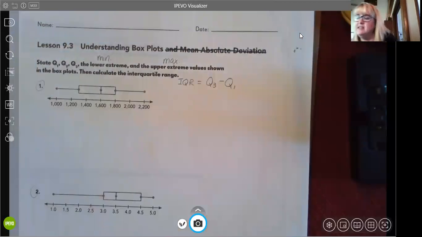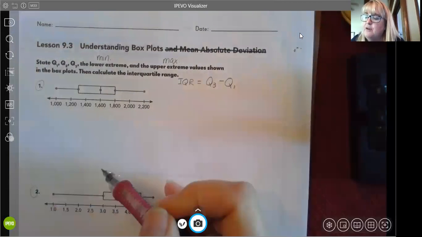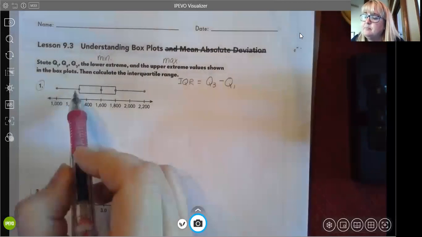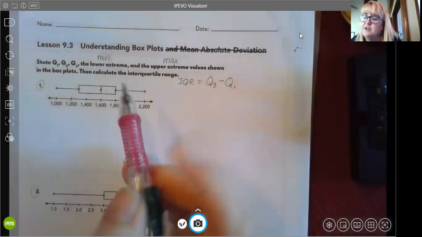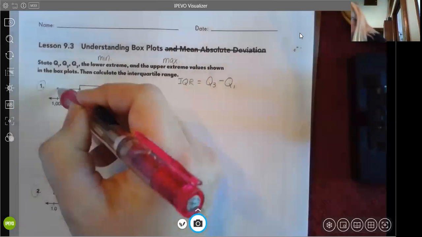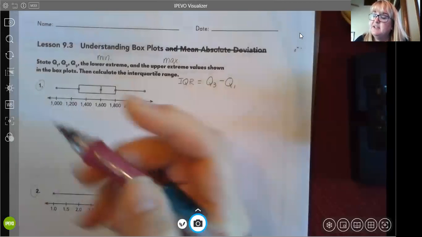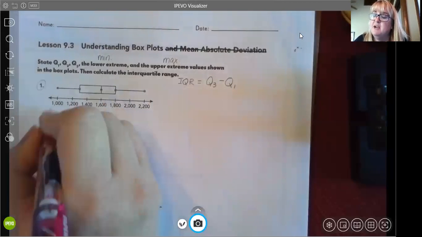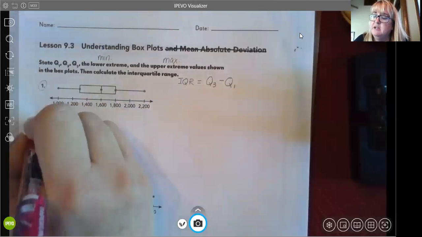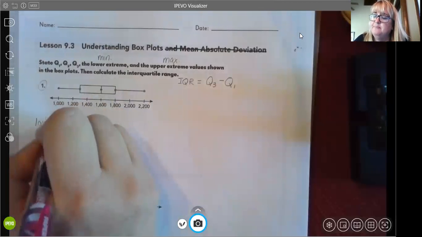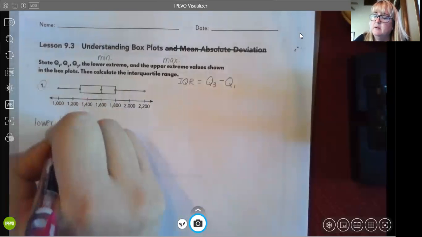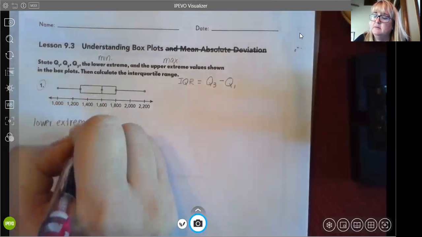Okay, so let's look at this. I see our 5 points. This first point goes with 1,000, and so that is our lower extreme. This is our minimum, our smallest number. So our lower extreme is 1,000.